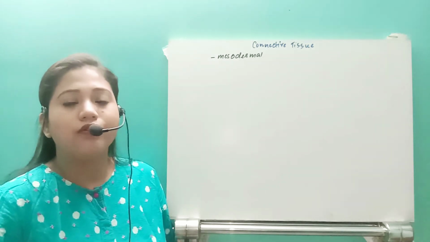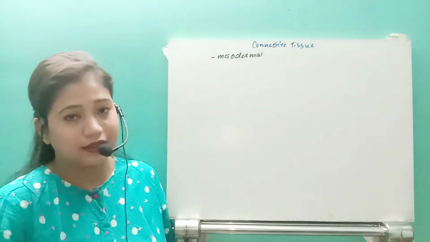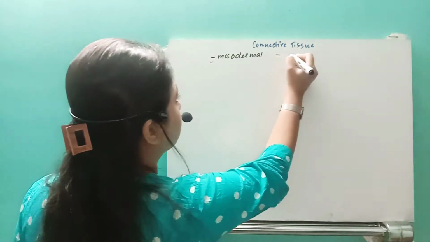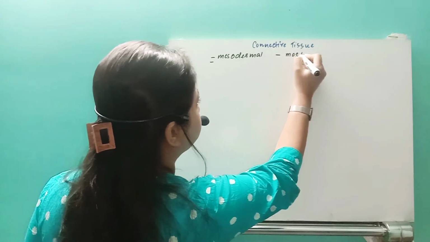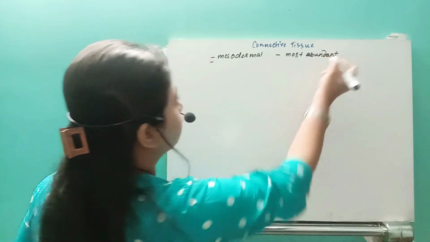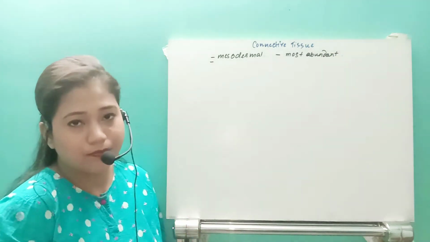So from all the four types of tissues, this connective tissue is found maximum. So this is the most abundant type of tissue found in the body. So this is found maximum, right?